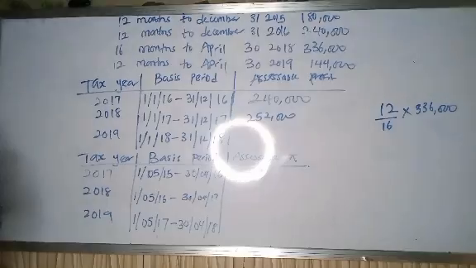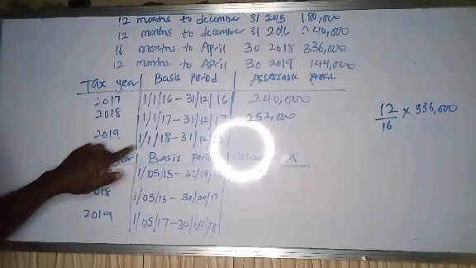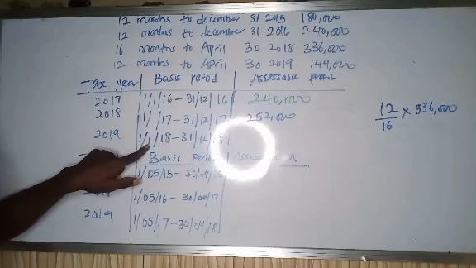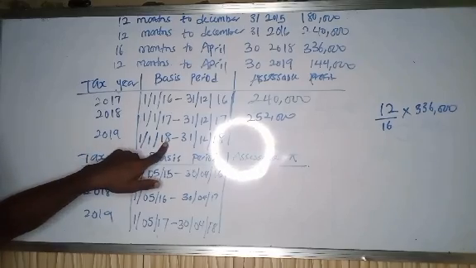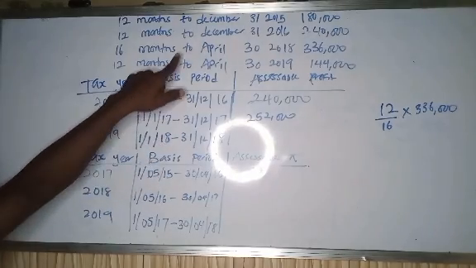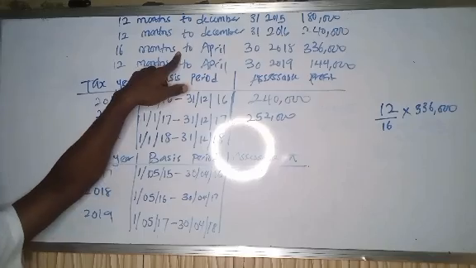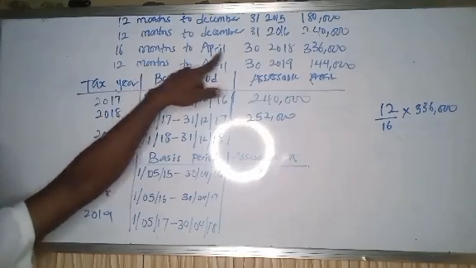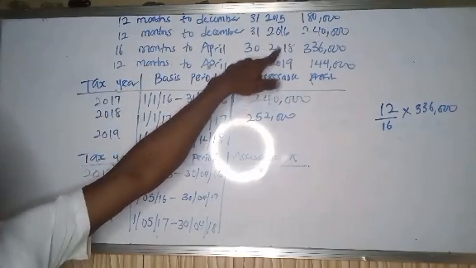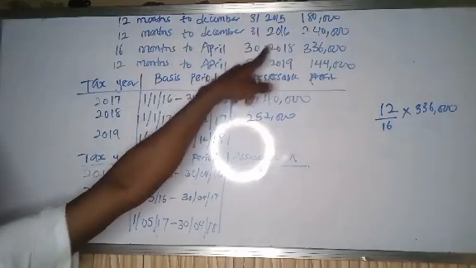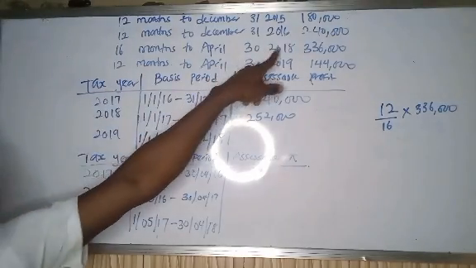So the profit for the 12 months is 252,000. Now, going by that, I have 2019, which is 1st of January 2018. 1st of January 2018 is still within these months because this accounting year ended April 30th, 2018 and is 16 months. So January to April is still within these months.